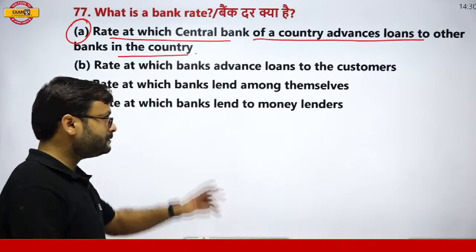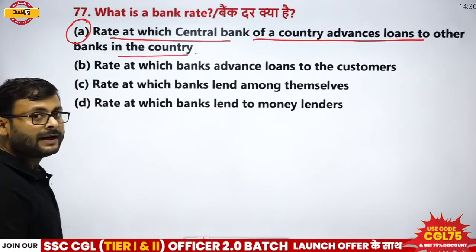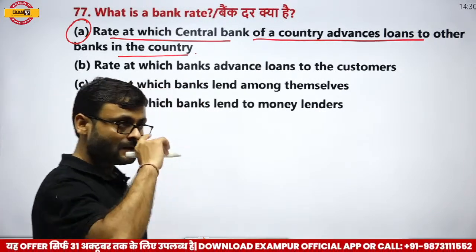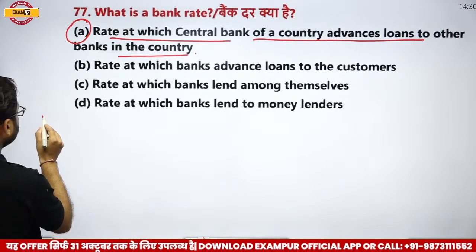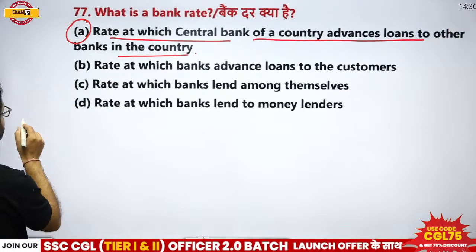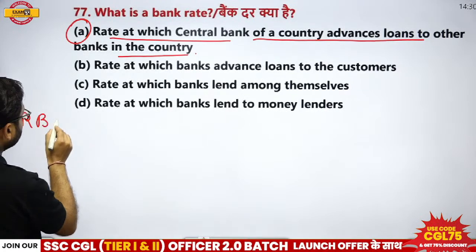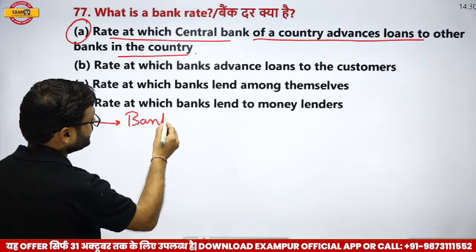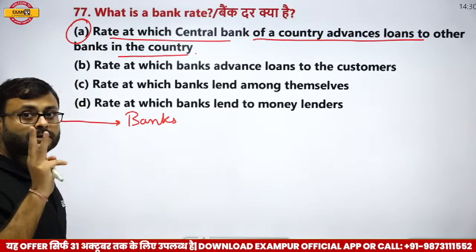There are three types of rates at which the Reserve Bank of India grants loans. If the Reserve Bank of India is granting loans to the banks, there are three types of loans.